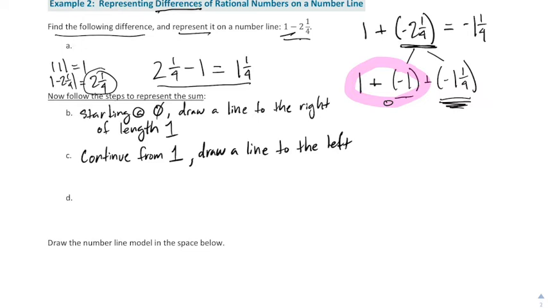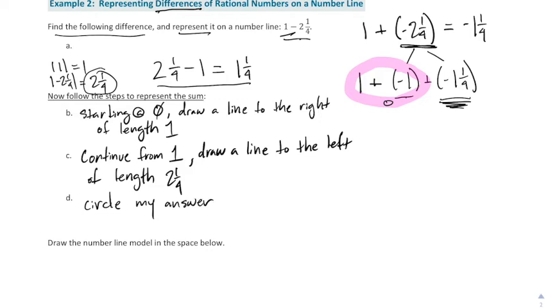I'm going to draw that with the length 2 1/4. Okay, and then all I can think of that's left is circle my answer.